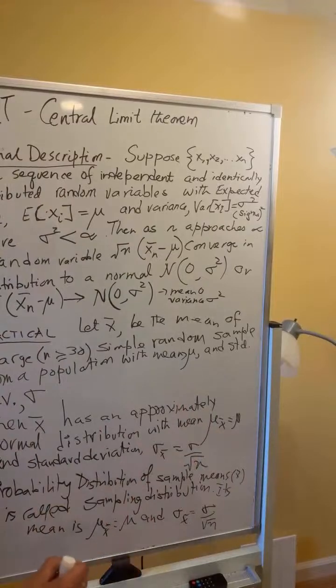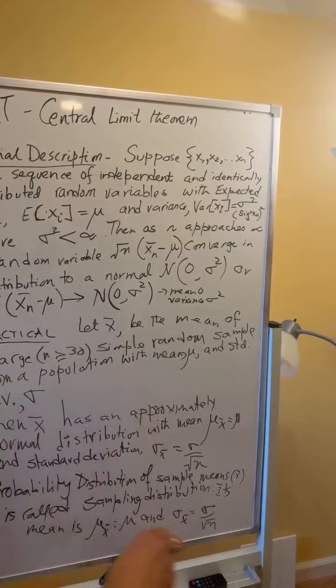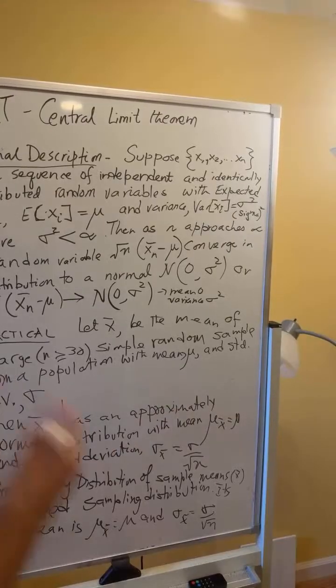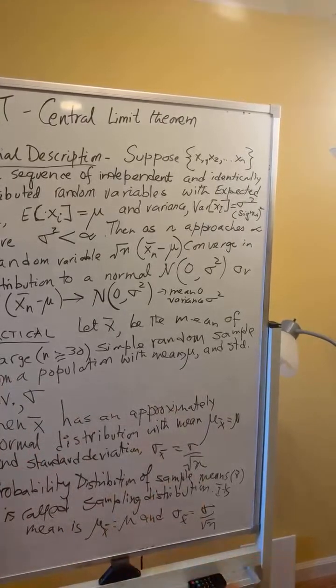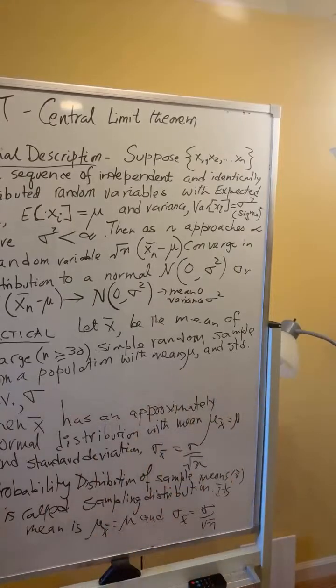What we learned here: let x bar be the mean of a large simple random sample drawn from a population with mean mu and standard deviation sigma. Then the probability distribution of x bar, the probability distribution of sample means, is called the sampling distribution.